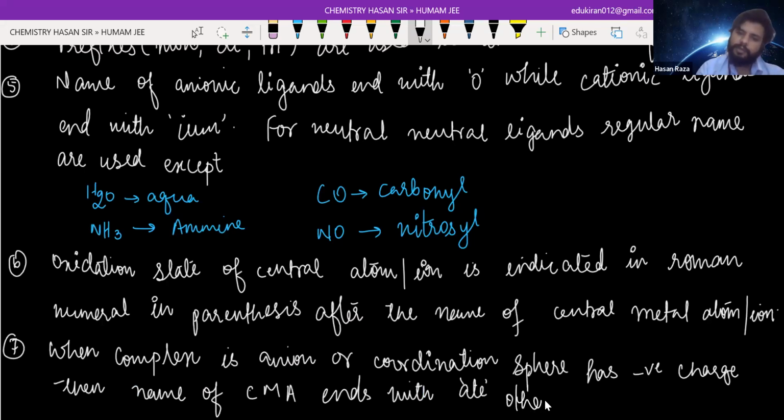Otherwise, no change. The name of the central metal atom will be as it is. So first you are going to write it.